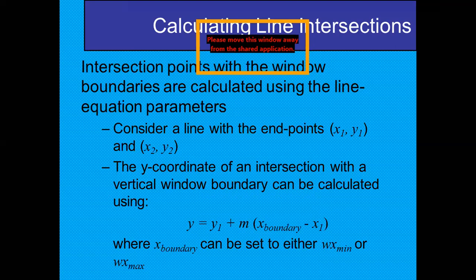Similarly, the y coordinate of an intersection with a vertical window boundary can be calculated as y = y1 + m(x boundary - x1), where m is the slope (y2 - y1)/(x2 - x1) and x boundary can be set to either wx min or wx max. Accordingly we will calculate this value.